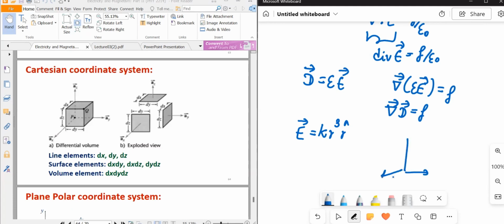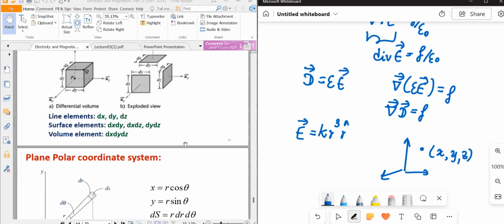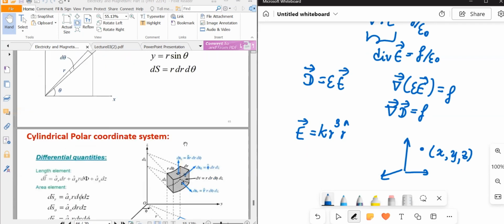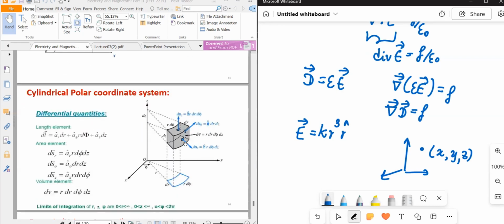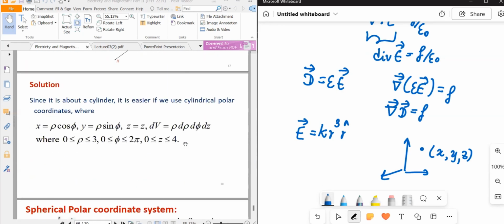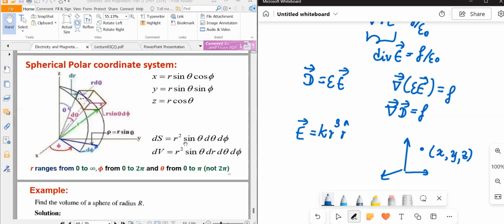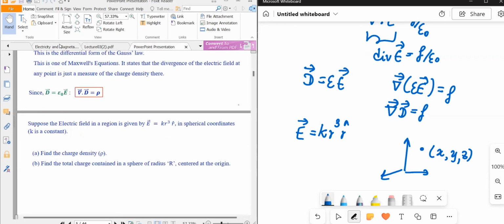If I want to denote a certain point in space, we denote that using x, y, and z components. But we also have plane polar coordinates and cylindrical polar coordinates, and also the spherical polar coordinate system. So here we need to use the spherical coordinate system.